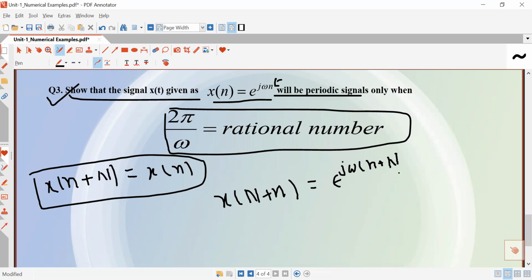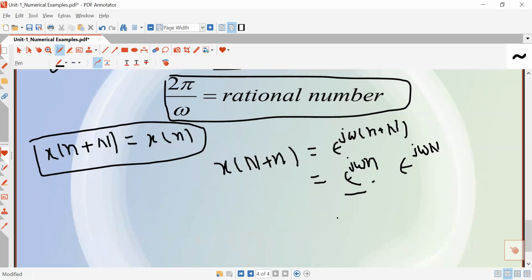Now you can write this expression in terms of two exponentials. The first term will be e to the power j omega n, and the second term will be e to the power j omega capital N. And e to the power j omega n is x[n], as given in the problem, into e to the power j omega capital N. This is x[n plus N].